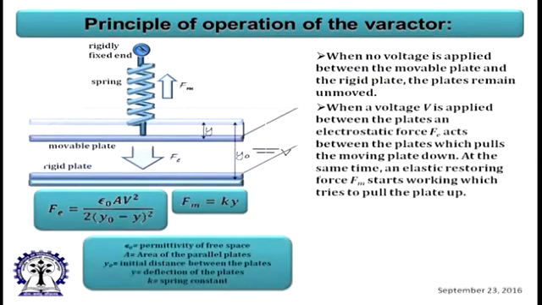Once it's pulled down, the change in capacitance would occur. So by applying the voltage, you can actually change the capacitor. In the same way it acts as a varactor, but it is a mechanical varactor, which has a much better quality factor because power dissipation is almost nil. It is a mechanical tuner.